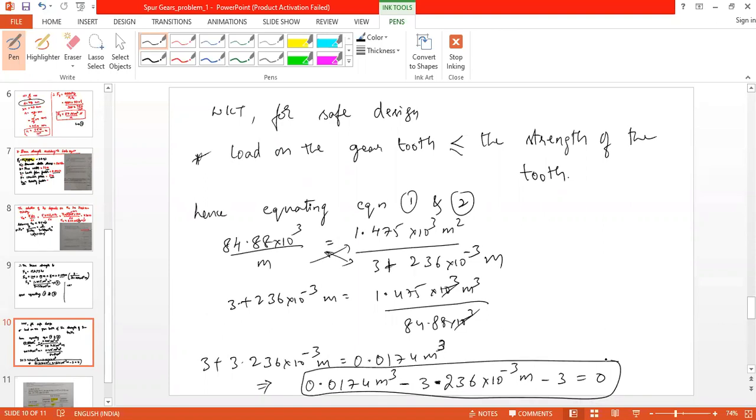But how to solve? Sir, minus b plus or minus under root of b square minus 4ac by 2a. That is for degree 2, sir.